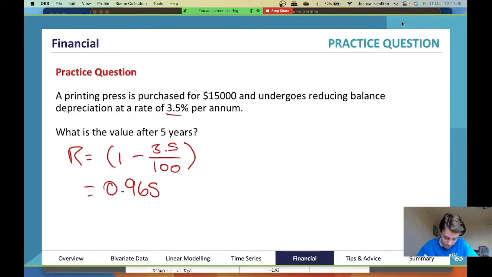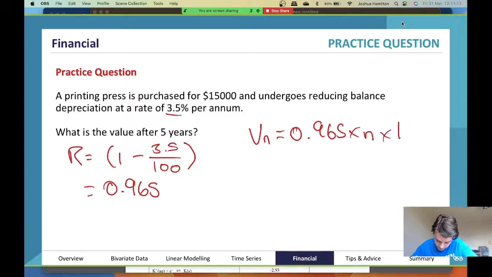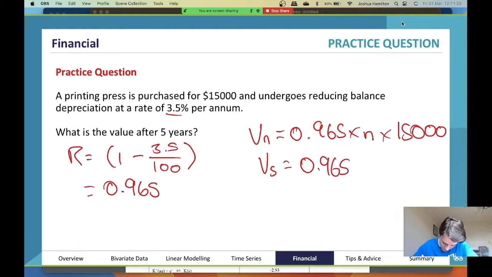We then need to make our formula. Our formula is probably best going to be Vn equals 0.965 times n times V0, which was 1500. So then I want to find after 5 years, so I'm going to go 0.965 times 5 times 1500.